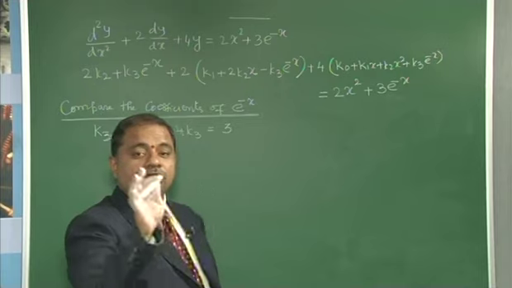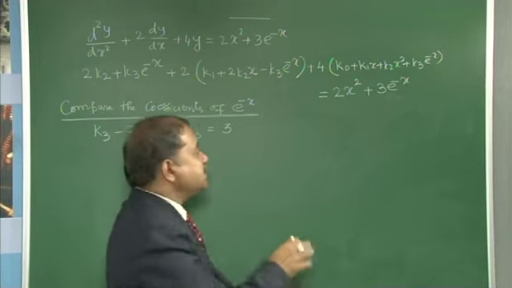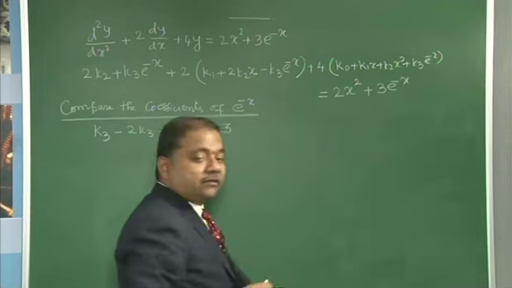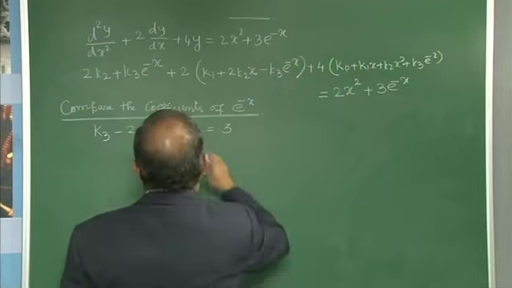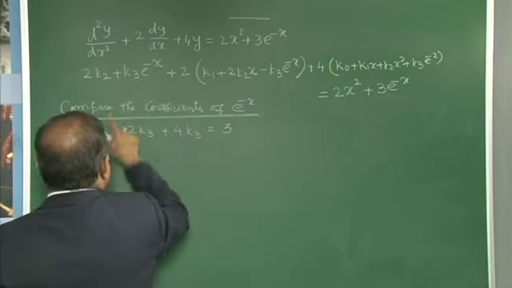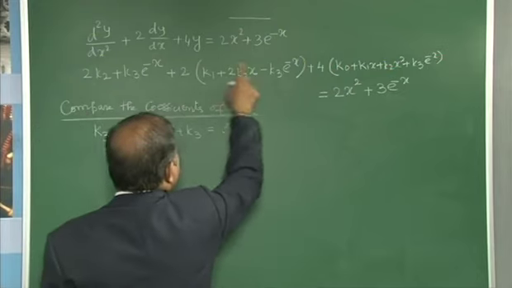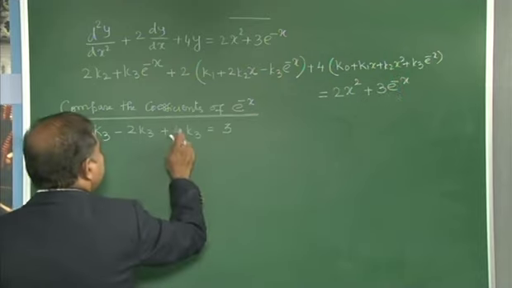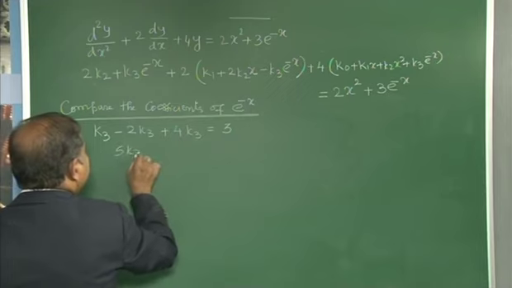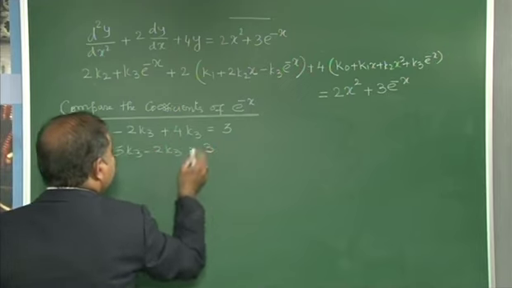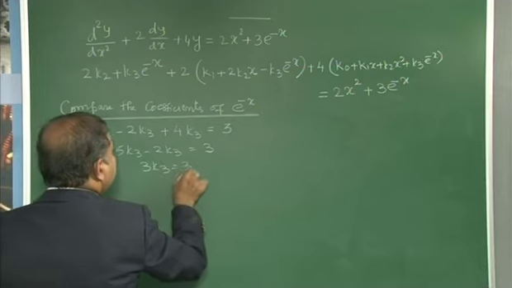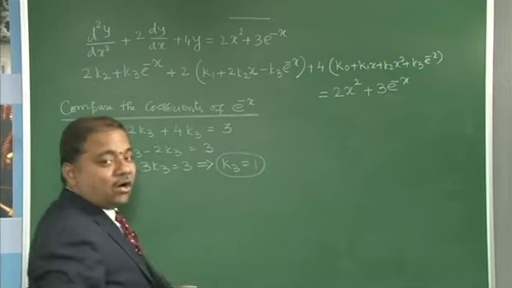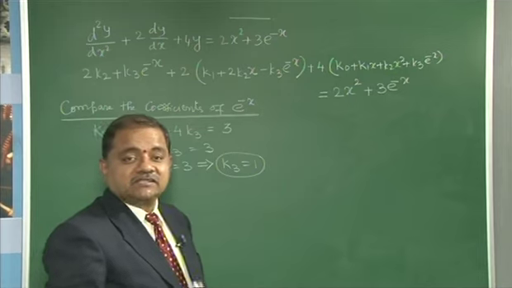That's why I said don't worry about the coefficients on the right hand side. I have 3 e power minus x, therefore on the right hand side my coefficient is 3. So k3 minus 2k3 plus 4k3 is equal to 3. Simplify it: 4 plus 1, 5k3 minus 2k3 is equal to 3. So 3k3 is equal to 3, which implies my k3 value is 1. I got the first result.